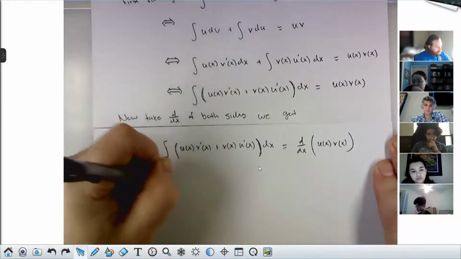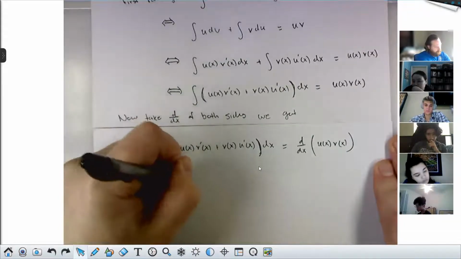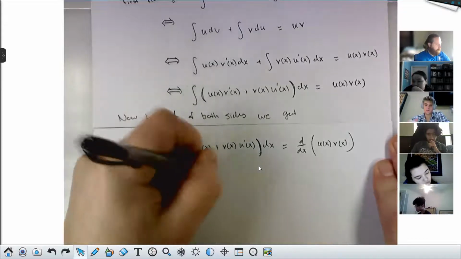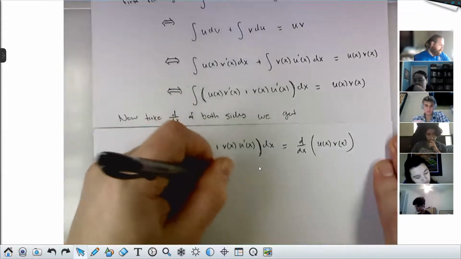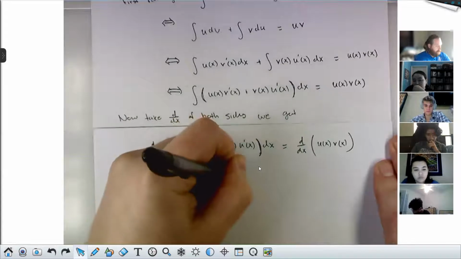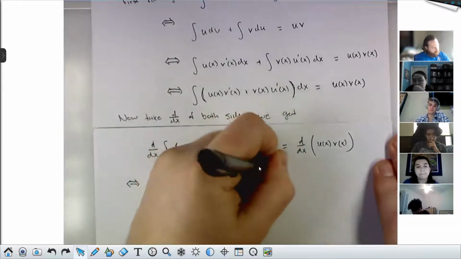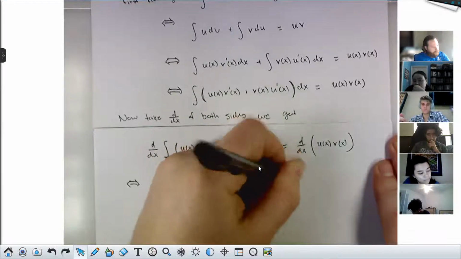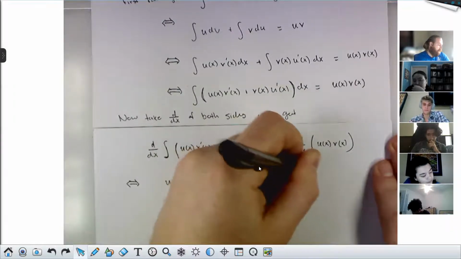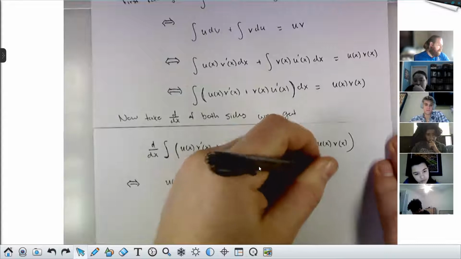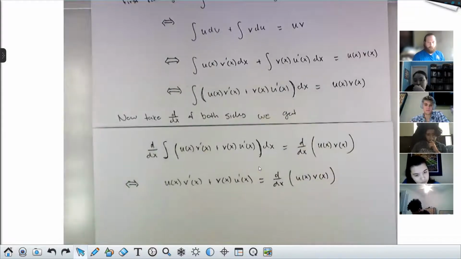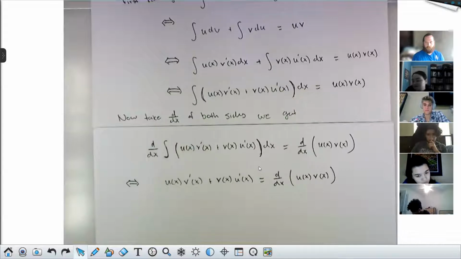And we get u of x times v prime of x plus v of x times u prime of x is equal to the derivative d dx of u of x v of x. And wouldn't you know it, that's the product rule.